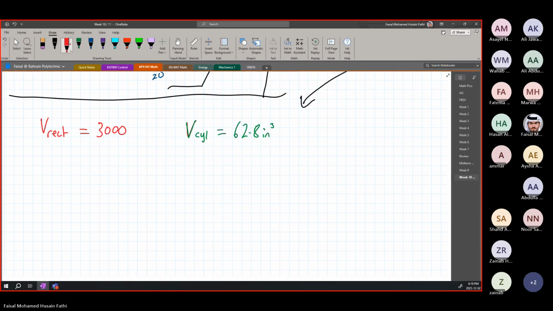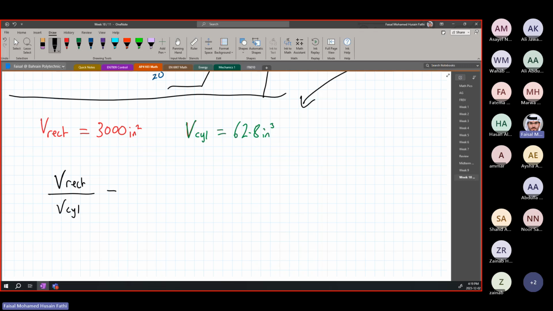So to find how many times you can do this, you need to divide the volume of the rectangle by the volume of the cylinder.